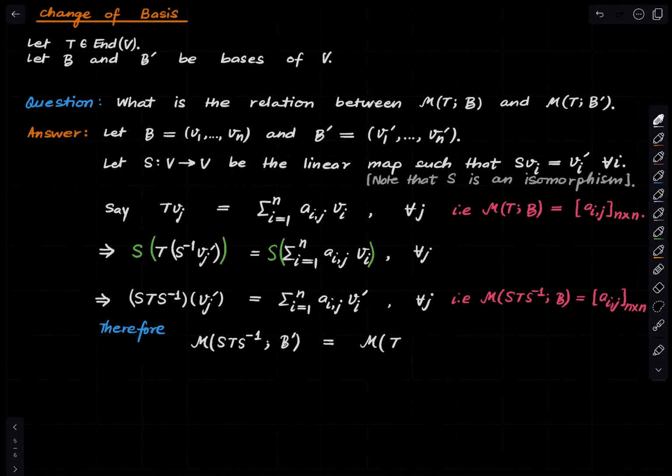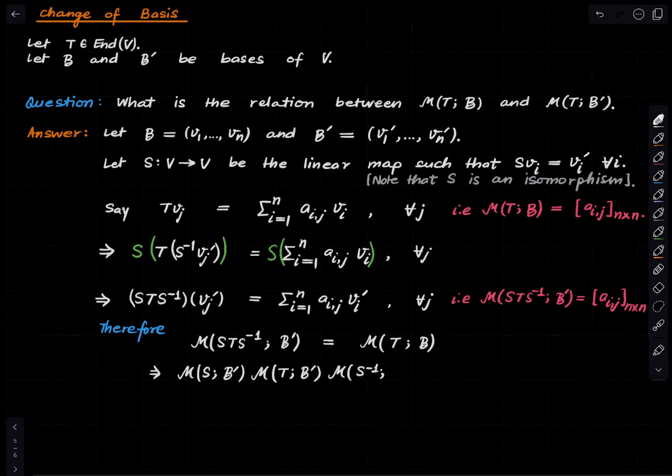This is a B prime. Sorry about that. So matrix of S T S inverse with respect to B prime is matrix of T with respect to B. But what is the left-hand side? The left-hand side is this product. And the right-hand side is what it is.